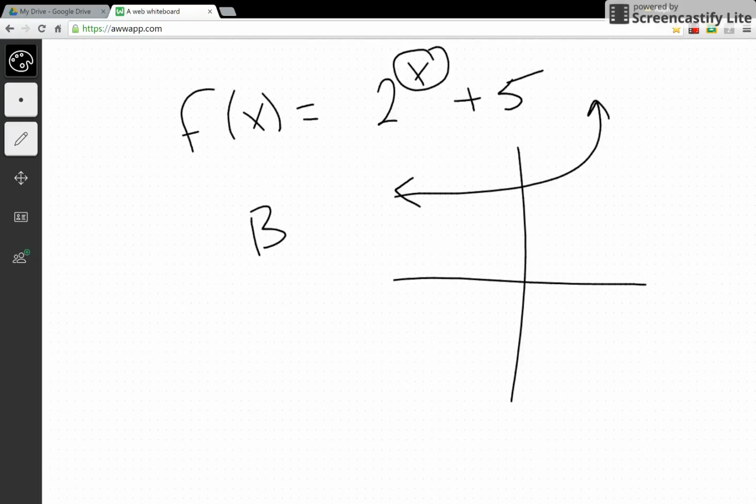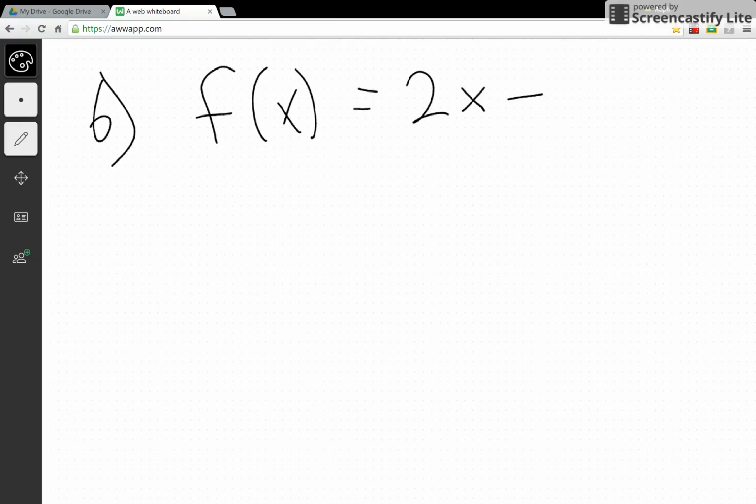Looking at number 6. The function is f of x equals 2x minus 6, and they're asking you which one it is. So it's linear because there's no power up here, but there really is. There's a 1, right? The power is 1, so it's linear.